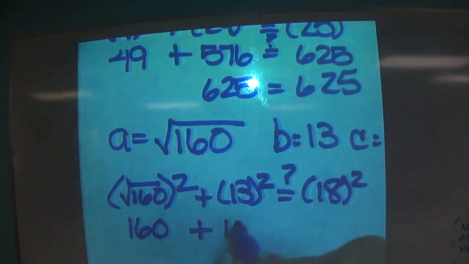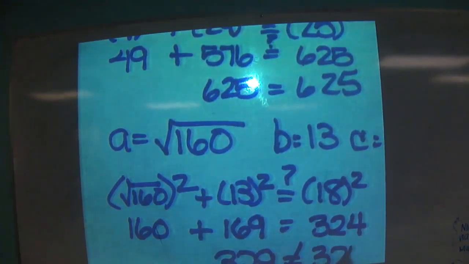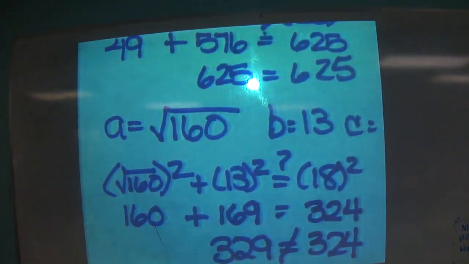And what's 18 squared? 324. So 160 plus 169 is 329, which is not equal to 324. So you'd answer no on that one.